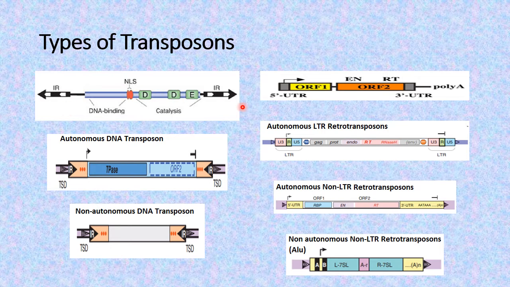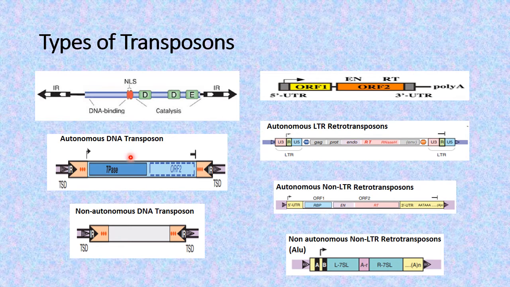They are the inverted repeats, or they may be the long terminal repeats, the LTRs, and there's a certain category of transposons in which the LTRs are replaced by the UTRs, that is the untranscribed terminal repeats. Such transposons have a poly A tail at the 3' region.